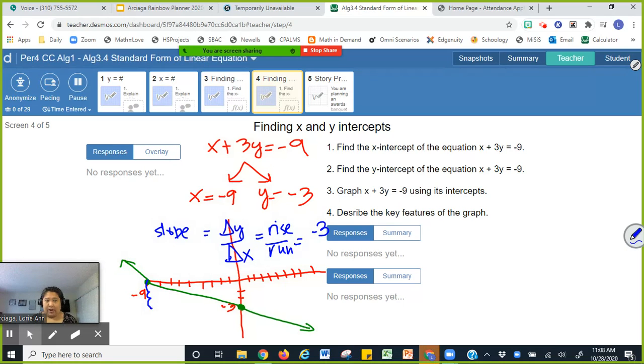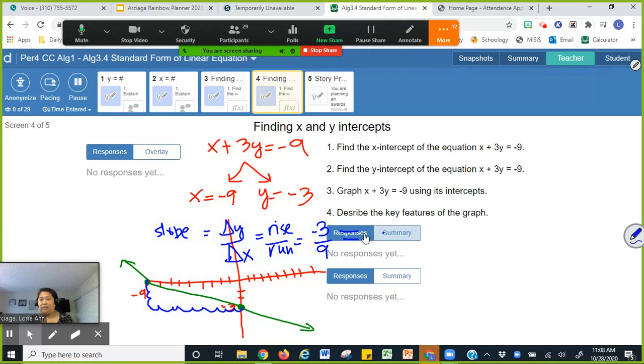Okay, now I'm gonna go to the right. 1, 2, 3, 4, 5, 6, 7, 8, 9. Sorry. That's -3/9. But how do you reduce -3/9? What is it in simplest fraction form? -1/3. Very good. So that's your slope.